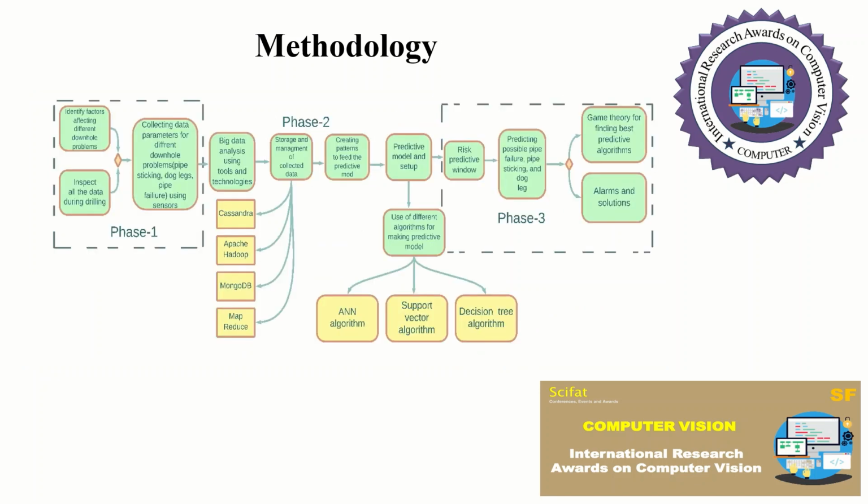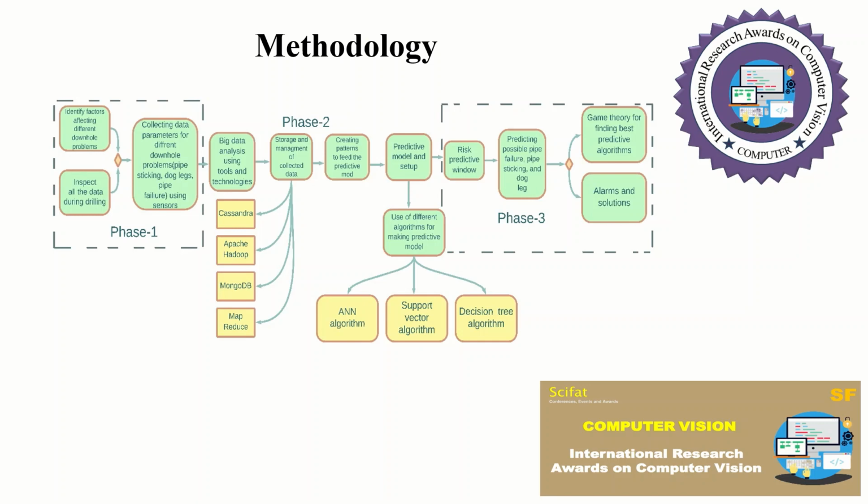I'll be explaining the methodology now. The methodology is separated into 3 phases: phase 1, phase 2 and phase 3. In phase 1, the identification and collection of data for various pipe sticking problems will be done.